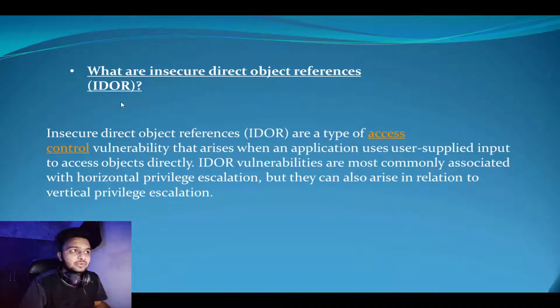Okay. So what are insecure direct object references? IDOR. Basically, insecure direct object references are a type of access control vulnerability that arises when an application uses user supplied input to access objects directly.